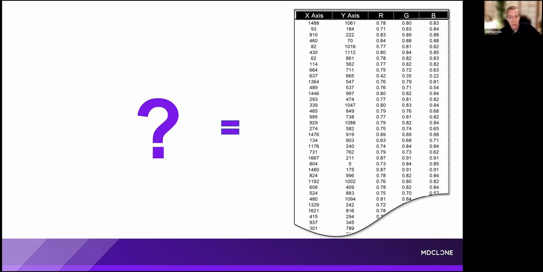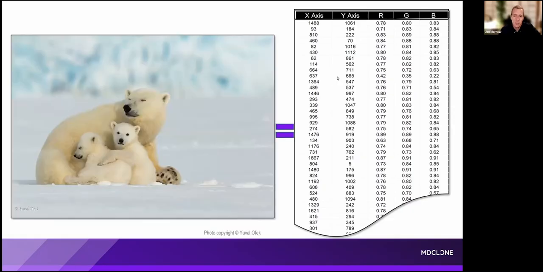This is how a computer would represent a photograph, for example, where each row is a pixel, a point, with an X and a Y axis, and a color, percent red, green, and blue. And this picture happens to be a picture of Mama Polar Bear with her 2 cubs on a glacier. We acknowledge Yuval Ofek for this beautiful photograph.